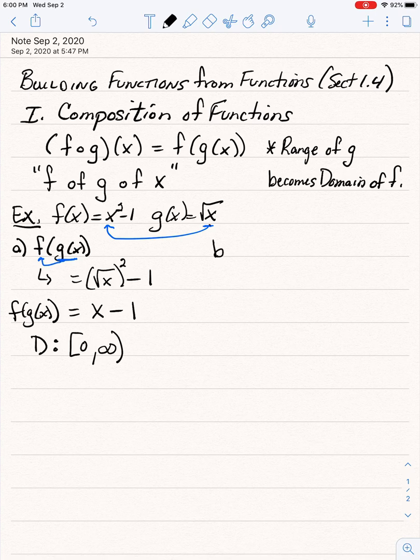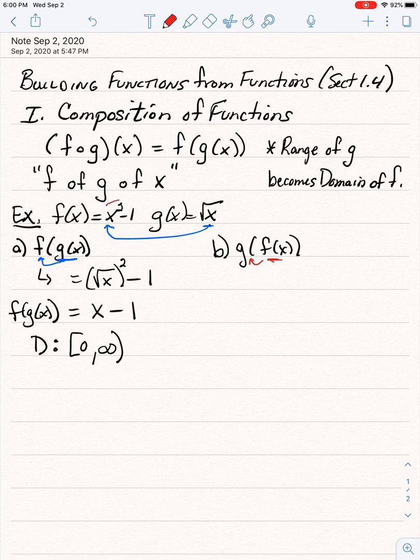All right, let's take a look at a second example. Suppose we switch this around and we say g of f of x. This time, f of x substitutes into g, so we're going the other way.